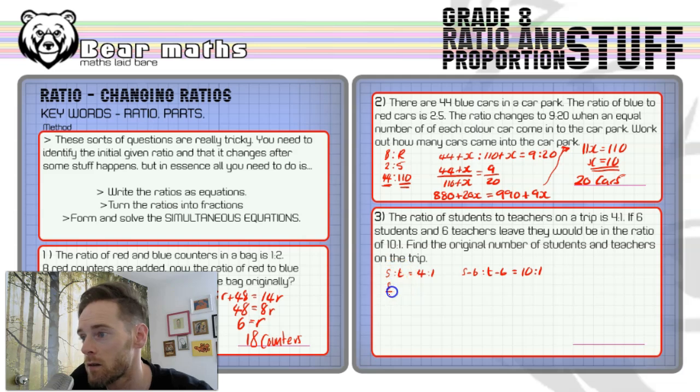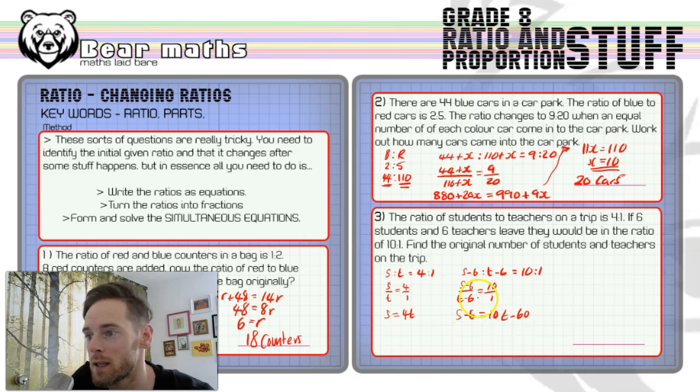So let's set these up as an equation. S over T is equal to 4 over 1. And then S minus 6 over T minus 6 is equal to 10 over 1. So S equals 4T, and S minus 6, multiplied by 1, I'm not going to change either of those terms, equals 10T minus 60. 10 multiplied by T is 10T, 10 multiplied by minus 6 is minus 60.